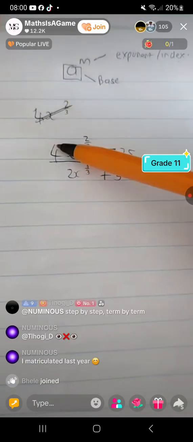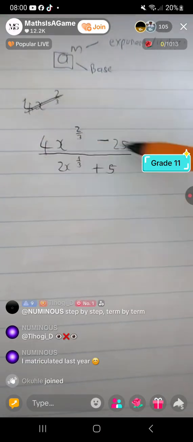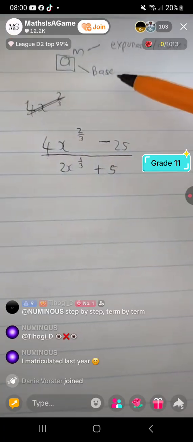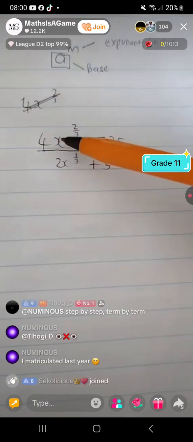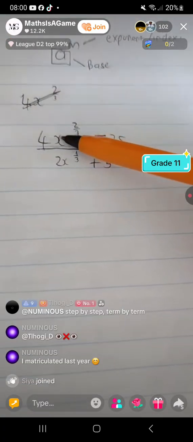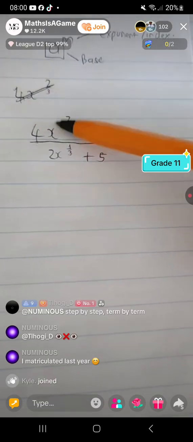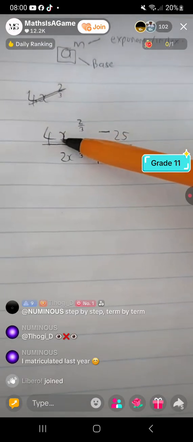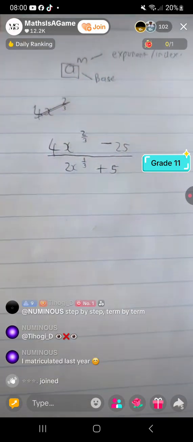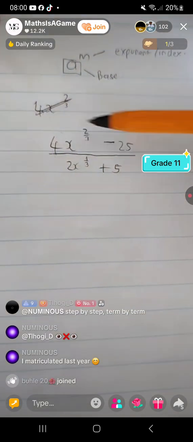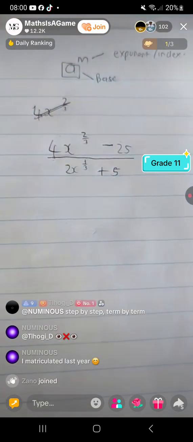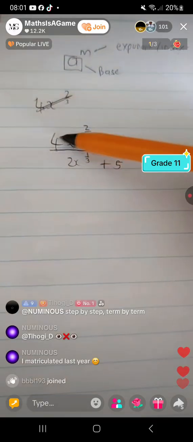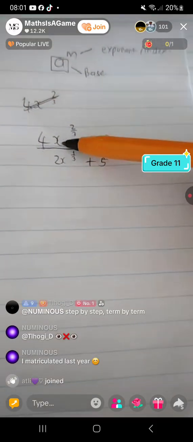Look at this one now. Numerator, how many terms? 2. Denominator, how many terms? 2. What do we see? The base is a variable. That's the rational exponent for a variable. So once again, we have a type of expression that we should be able to see immediately. In the numerator, what type of expression do we have?